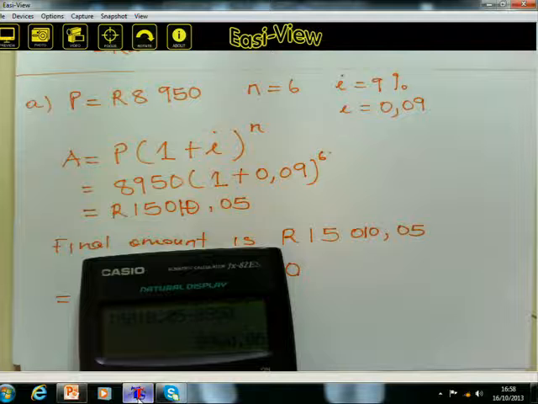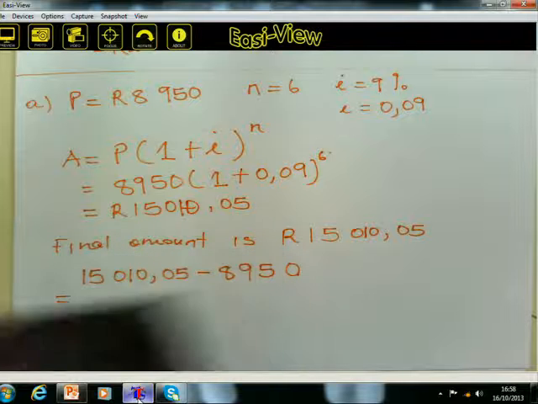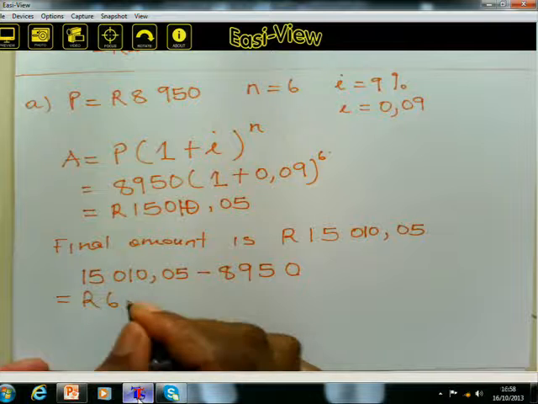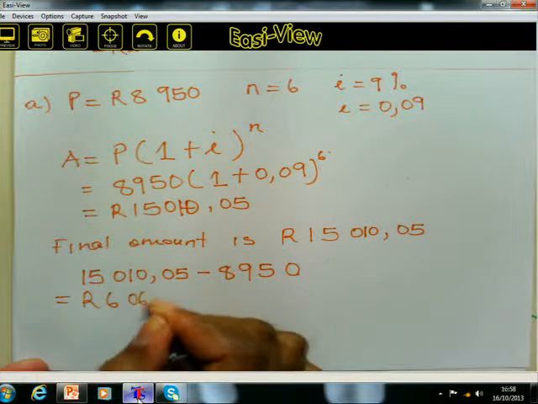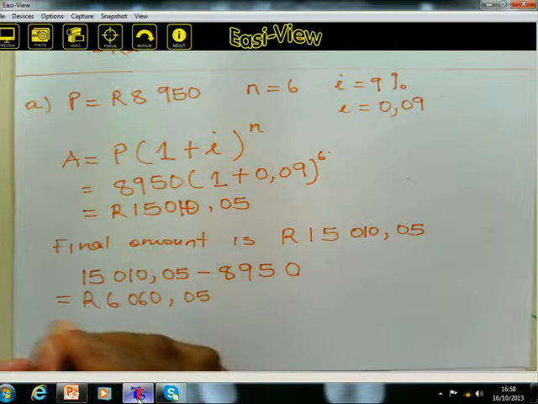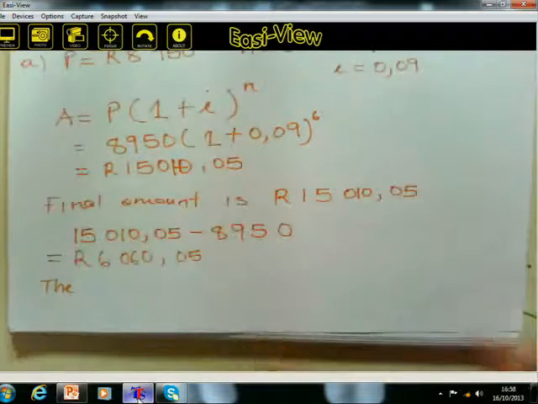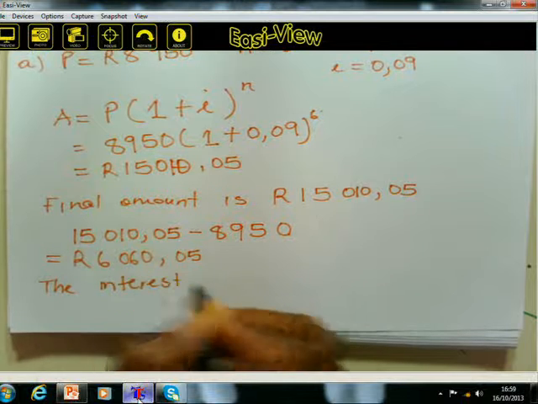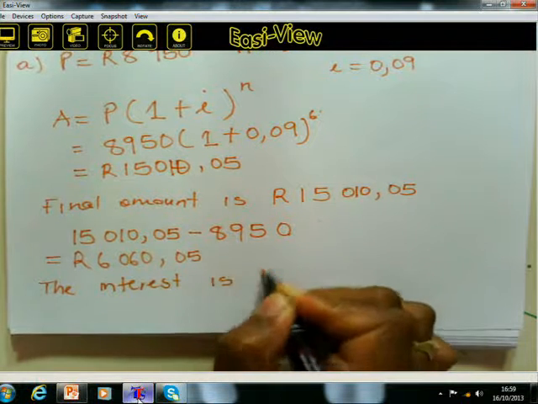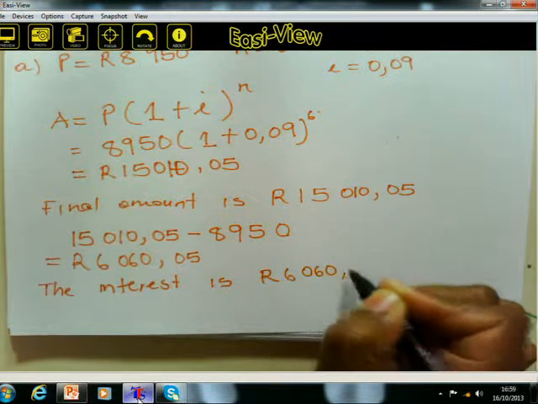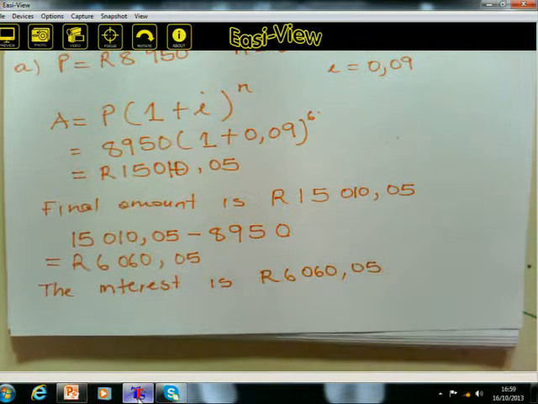So let's write it down. It's 6,060 rand, 5 cents. So the interest is 6,060 rand, 5 cents.